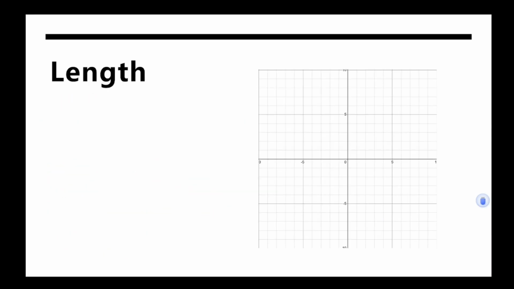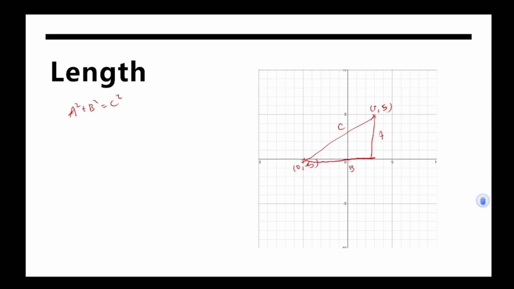Okay, moving on. Length. To find the length between two given points, for example, 3, 5, and 0, -5, we could use the most simple Pythagorean theorem. We construct the triangle, and we know that this is C, A, B, and we know that A squared plus B squared equals C squared.